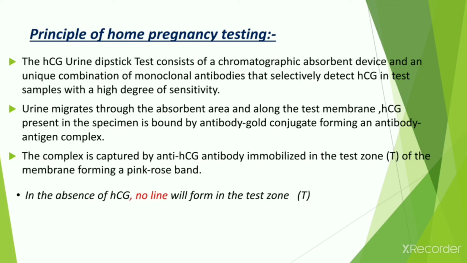HCG present in the specimen is bound to the antibody gold conjugate, forming an antibody antigen complex. The complex is captured by anti-HCG antibody immobilized in the test zone of the membrane, forming a rose red pink band. In absence of HCG, there will be no line in the test zone.